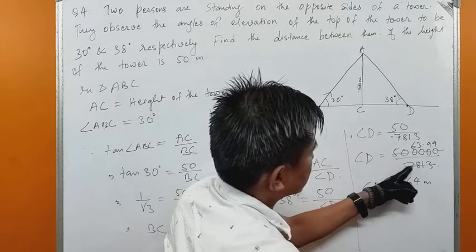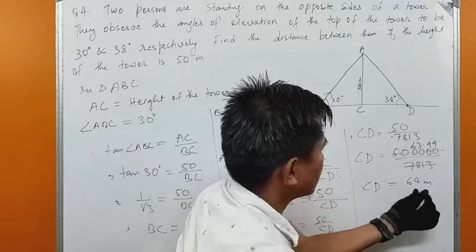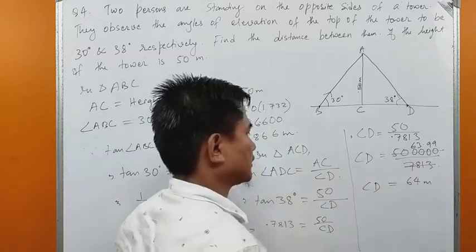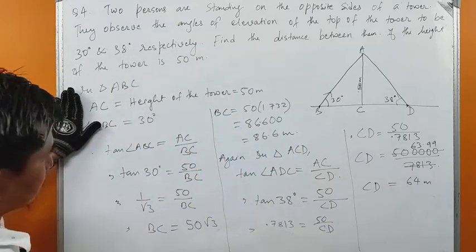If we divide this number by 7813, we get approximately 63.99 and so on. This means it can be rounded up to 64 meter. Close to 64, so we assume it as 64. CD is 64 meter.